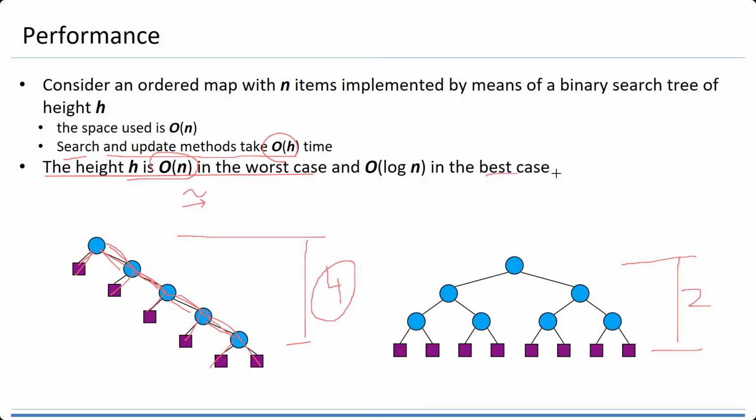But in the best case, we can have O(log n). O(log n) is this one. We have 1, 2, 3, 4, 5, 6, 7. So the performance is about log 7. Log 7 is about 2 something, so it is approximately 2.